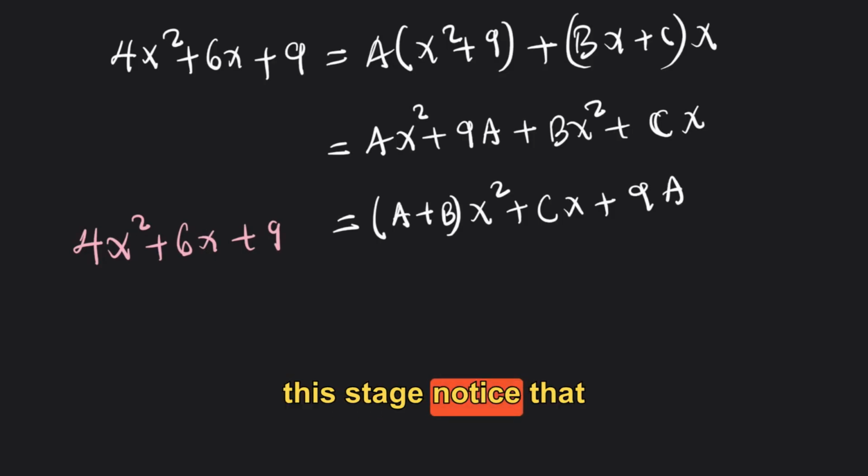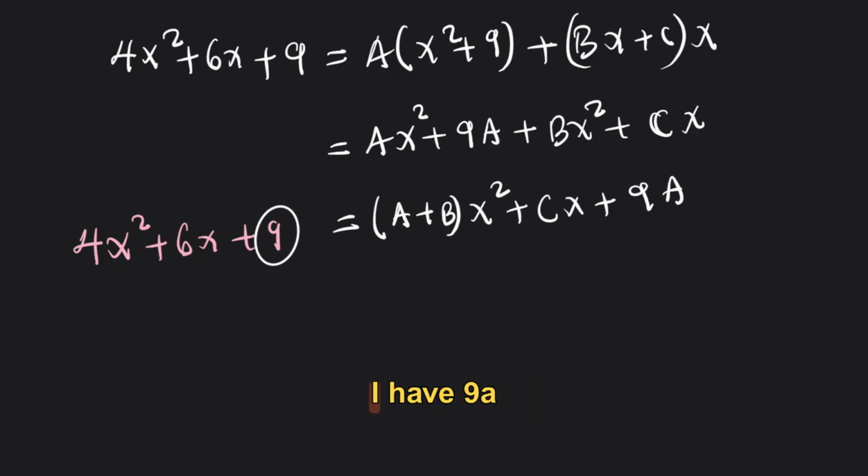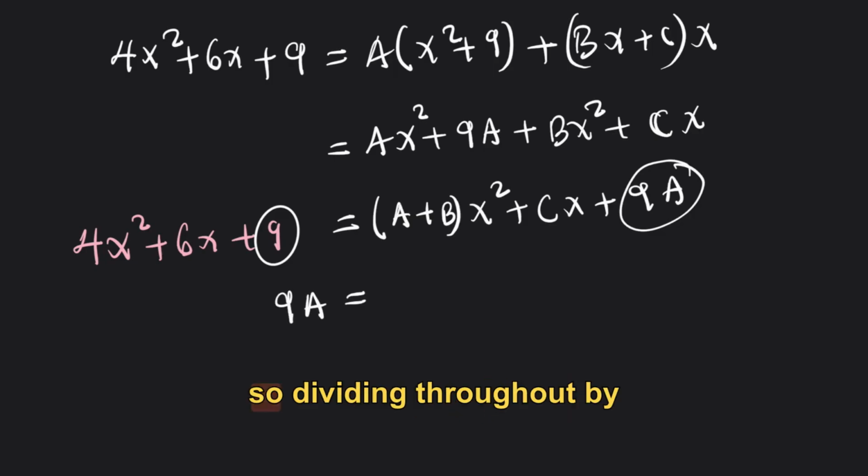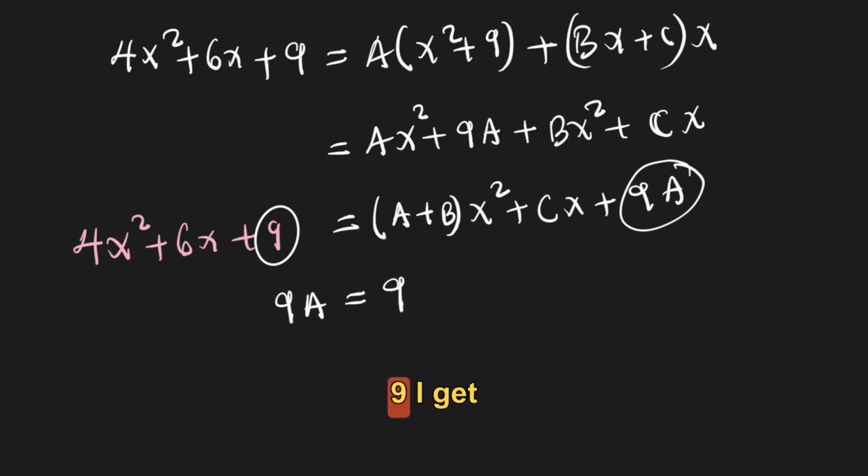At this stage, notice that the left hand side is the same as the right hand side, so I just compare. Look at the term without x in it. I have 9 on the left and I have 9A on the right hand side. So this means that 9A is equal to 9. Dividing throughout by 9, I get that A is equal to 1.